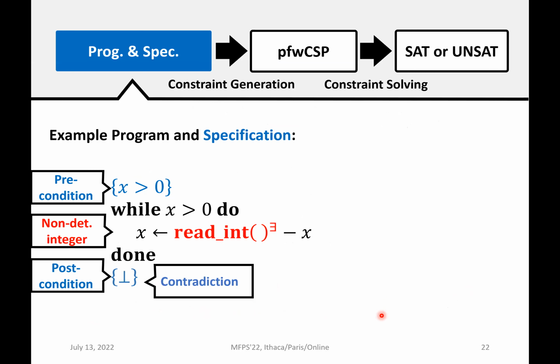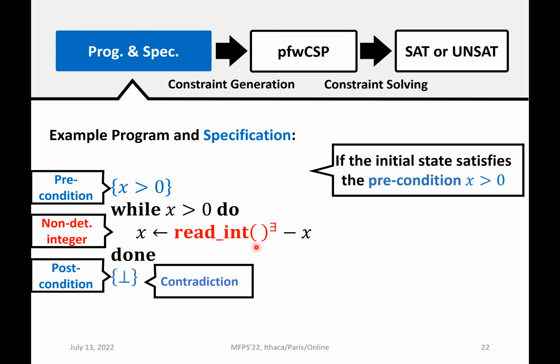Let me use this example to explain the usefulness of functional predicates. Now, please note that this program has infinitely branching non-determinism, which inputs an integer value from a user. And we'd like to verify that the program is non-terminating.